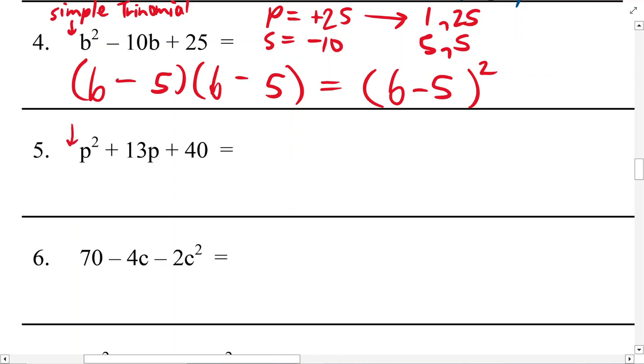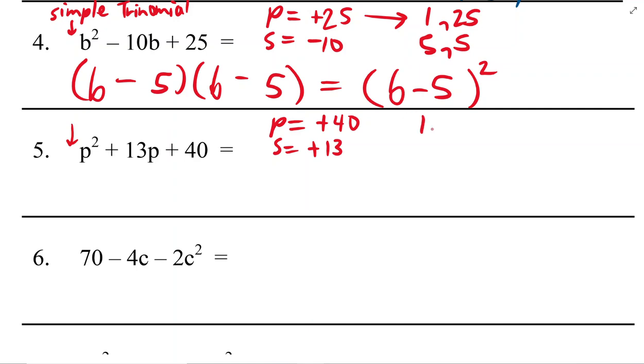Simple trinomial, there's no number in front, so the product equals what? The sum equals what? Plus 40, plus 13. So what numbers multiply to 40? 1 and 40, 2 and 20, 3 and, nope, 4 and 10, 5 and 8, 6, no, 7, no, 8.